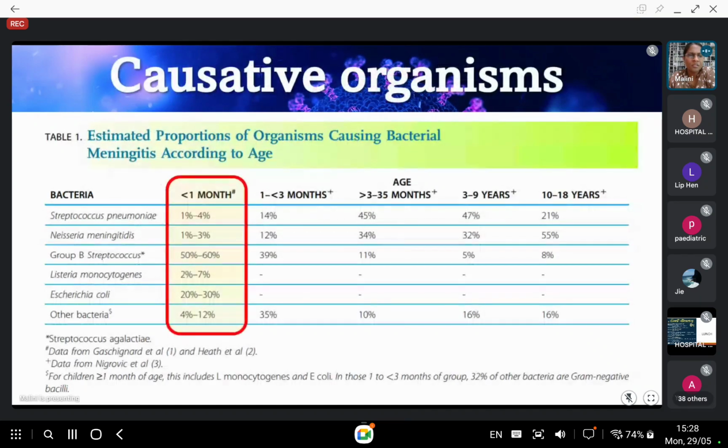The classification is such. So what are the organisms causing acute bacterial meningitis? Based on age group, you can see that in the younger age group, it is group B strep and E. coli that are the most common organisms. Strep from the mother's birth canal, and E. coli also.